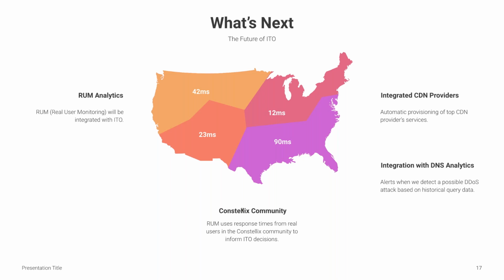So we're automatically going to know when providers are having issues or not. So you may not want to do the monitoring, but you can say, okay, I want to use the data from the Constellix community instead of my own active monitoring. I want to just use the best of breed Constellix community monitoring. So that's the future of ITO, the future of internet traffic optimization. It's groundbreaking stuff, just like our real-time analytics that no one else does. No one's doing these features right now, the way we plan on doing them, and we're excited to show them to you all.